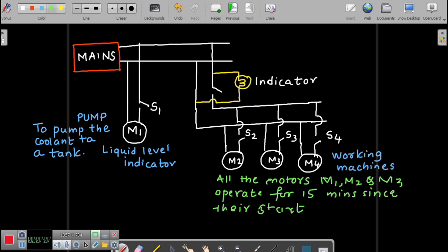So this is the scenario you can see in this diagram.